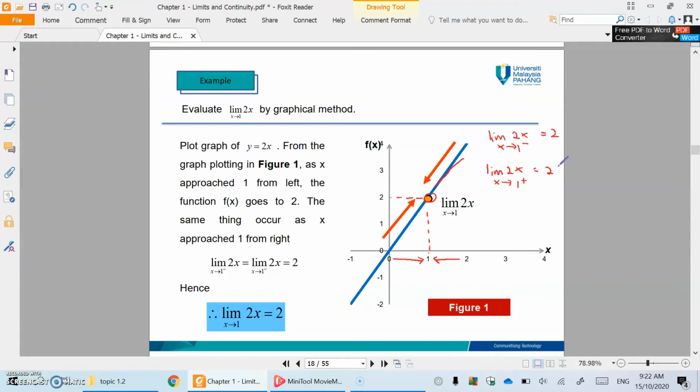Since the left side limit and the right side limit are equal to 2, therefore the limit of the function 2x as x approaches 1 is equal to 2.